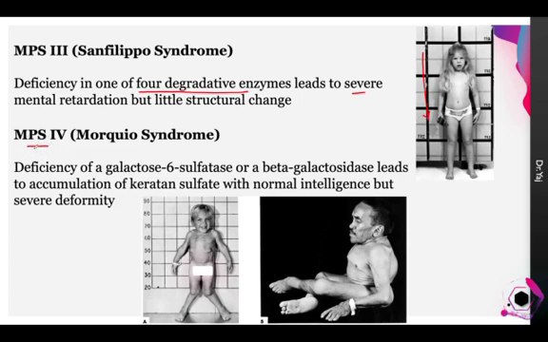Then we have MPS type 4, which is known as Morquio syndrome. This happens because of a deficiency of galactose 6 sulfatase. There are severe structural changes in this particular individual, but these people have normal intelligence. That means there is no mental retardation happening in this kind of patients.